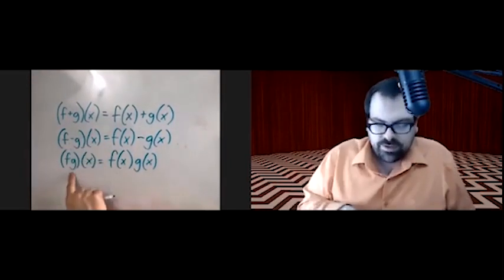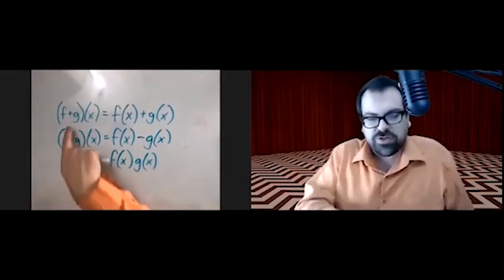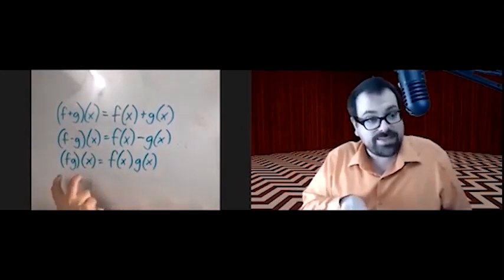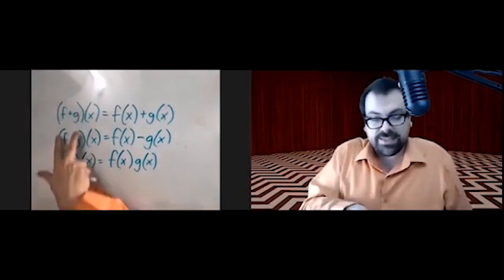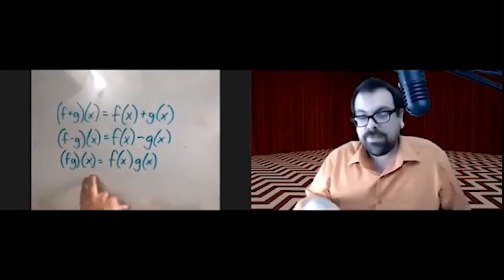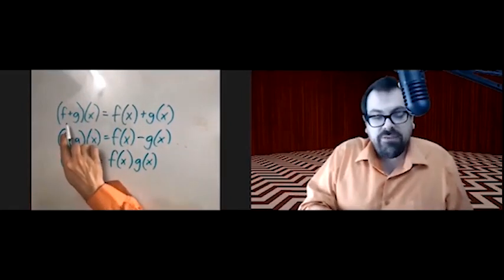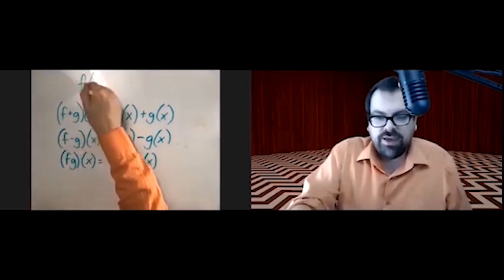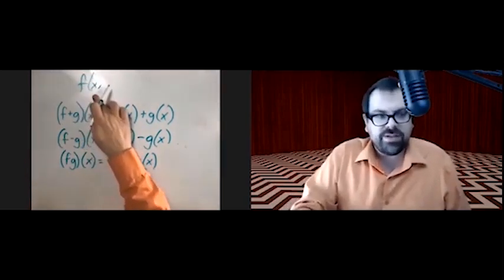This notation is telling us what to do to the functions by doing it to the function names, and it's staying a function by telling us that this is the name of the function of the variable x. Again, this doesn't mean f plus g times x, just like f of x doesn't mean f times x.